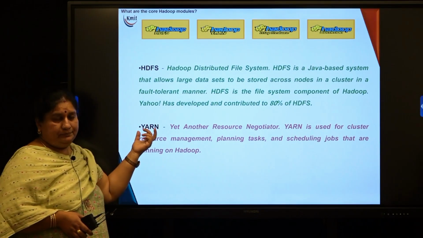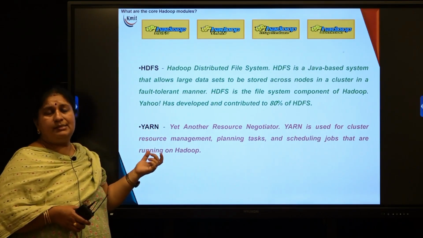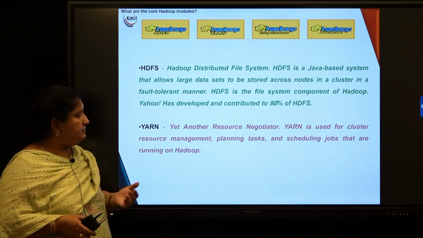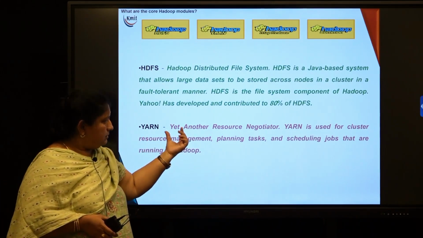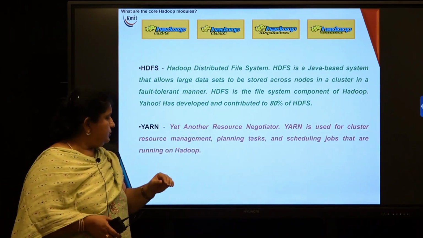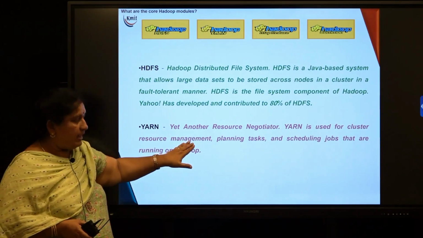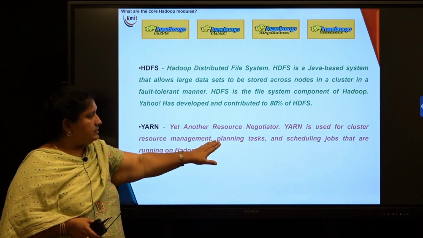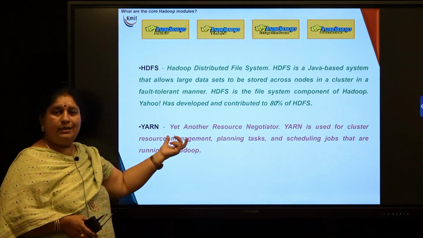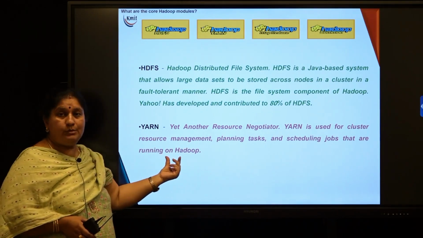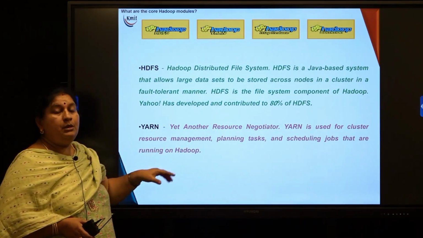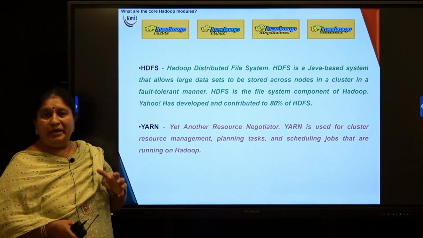Coming to YARN, it works similar to our normal operating system. If you see the activities that YARN is doing, YARN is used for cluster resource management, planning the tasks, scheduling the jobs, and running them on Hadoop also. So, YARN works similarly to an operating system.